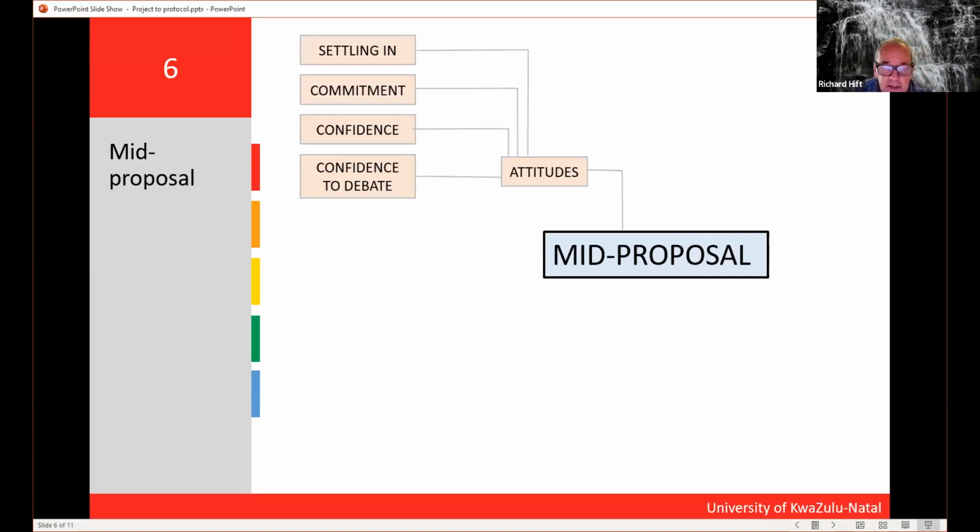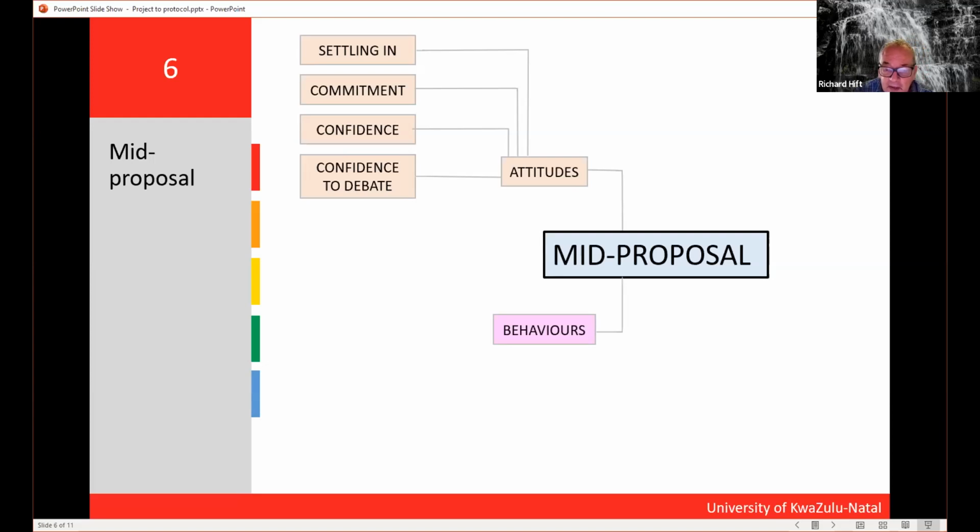And you should really be settling in to the PhD at this stage. You no longer feel like a complete newcomer who doesn't know what on earth they're doing. I always remember my first week at university at UCT, and there was a toilet on campus. And behind the door, somebody had written, "This is the only place on campus where I know what I'm doing." So you should be beyond that at this stage.